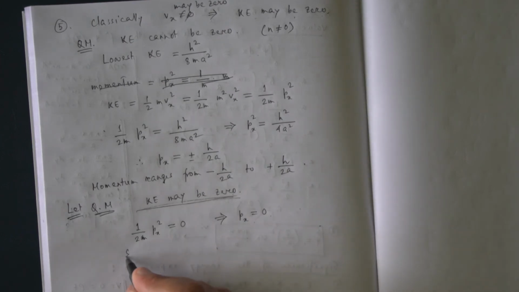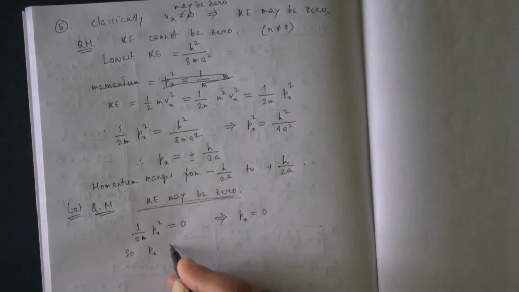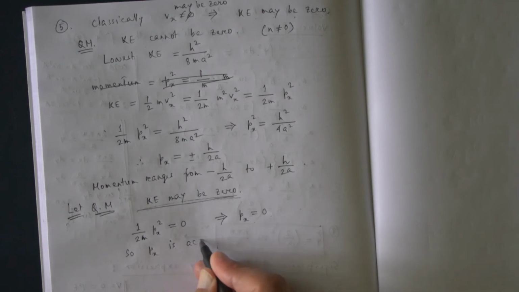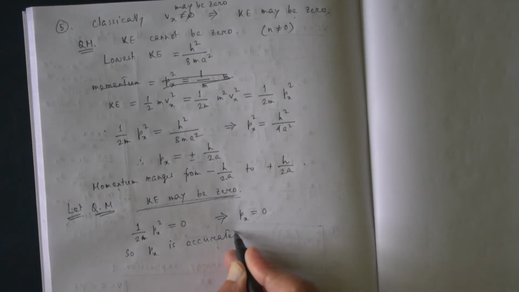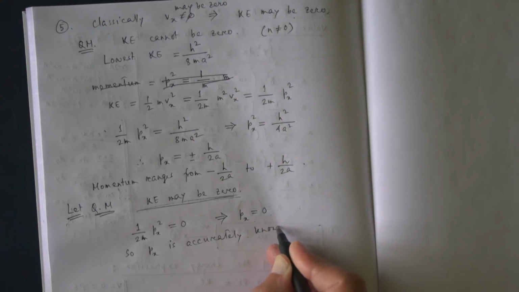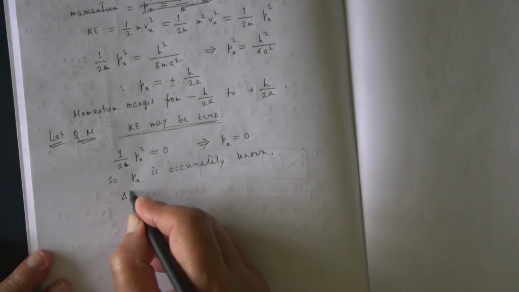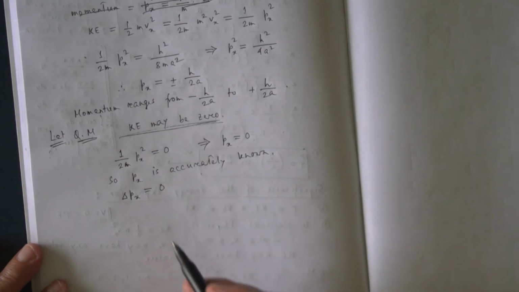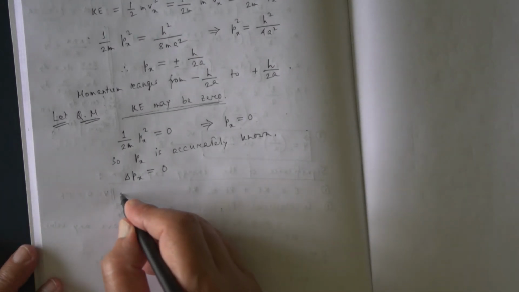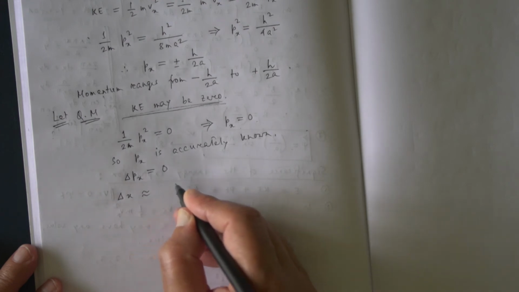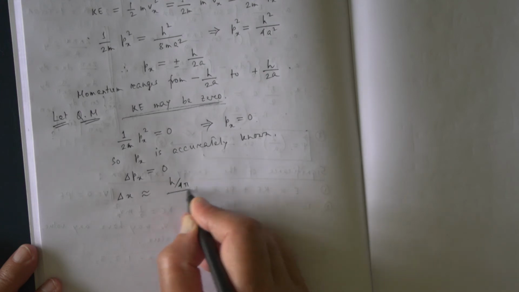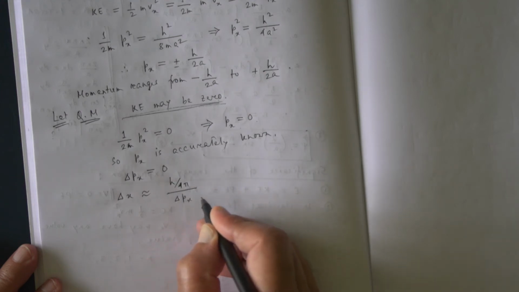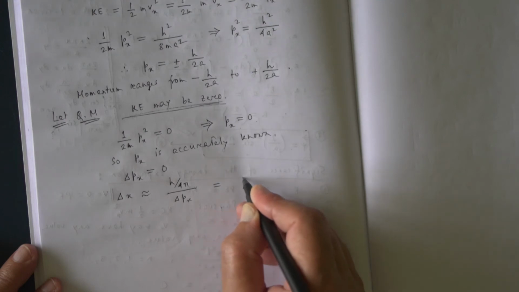Px is accurately known. So uncertainty in momentum will be zero. So uncertainty in position will be equal to h by 4 pi by del px, and that will be equal to infinity.